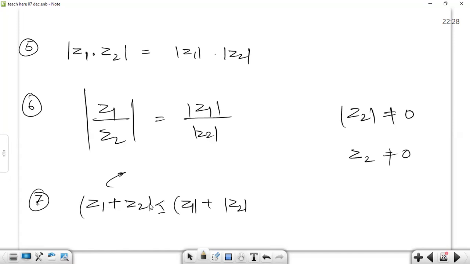Okay. Any doubts? No, sir. So this is also called triangle inequality. It is quite important in JEE.